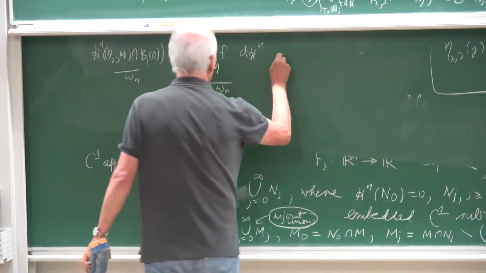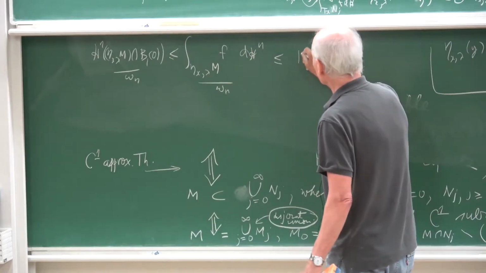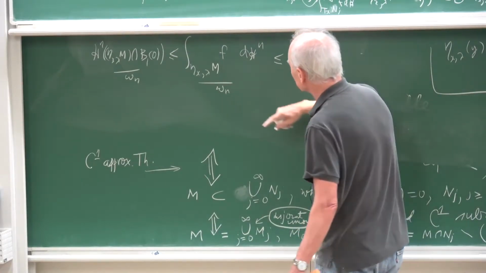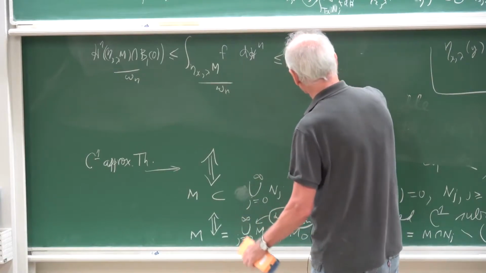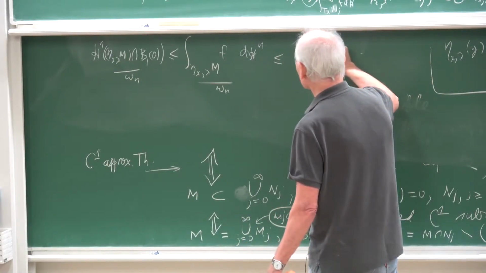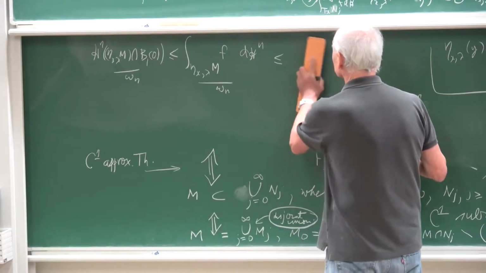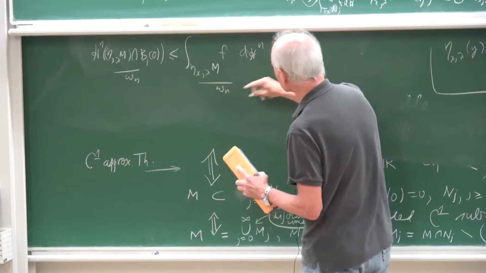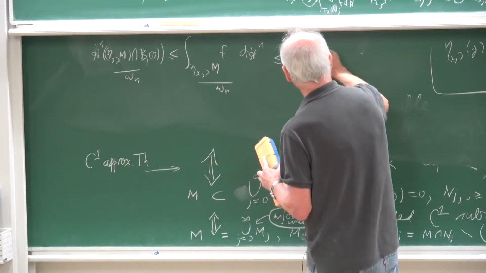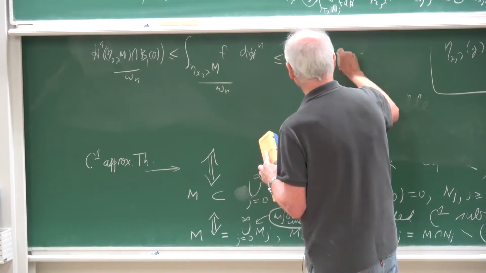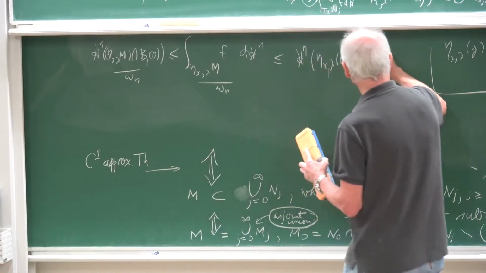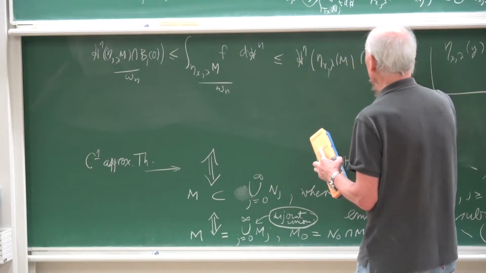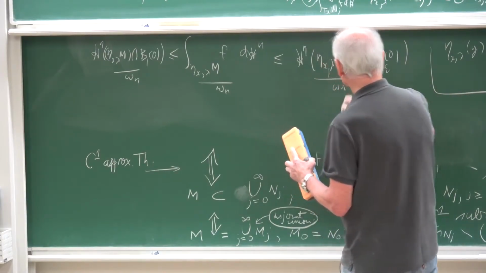And it's less than or equal to (1 plus epsilon) to the n times 1. Again, f is less than or equal to 1 on the ball of radius 1 plus epsilon. So it's just a factor of 1 times the H^n of M intersect B(1 plus epsilon) over omega n.